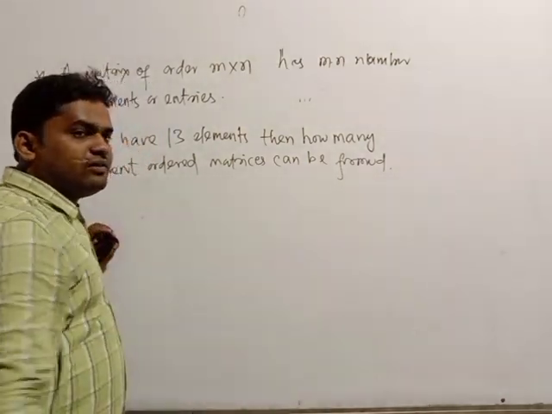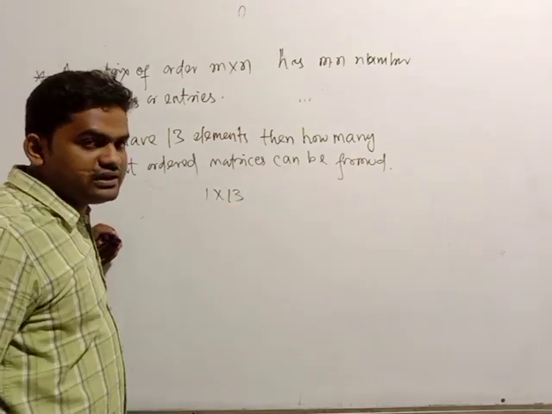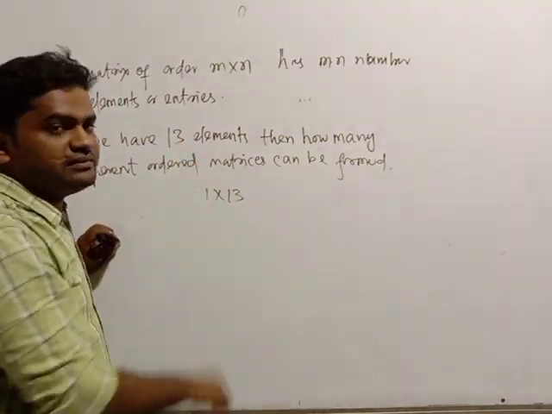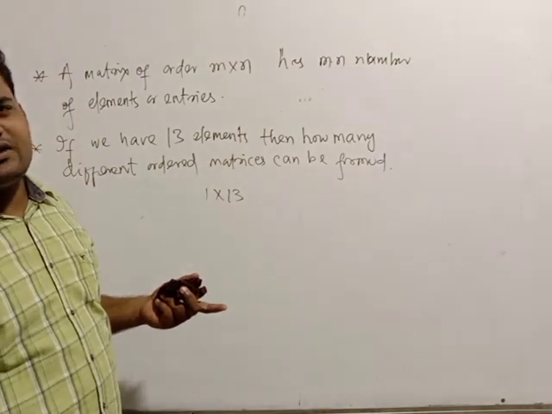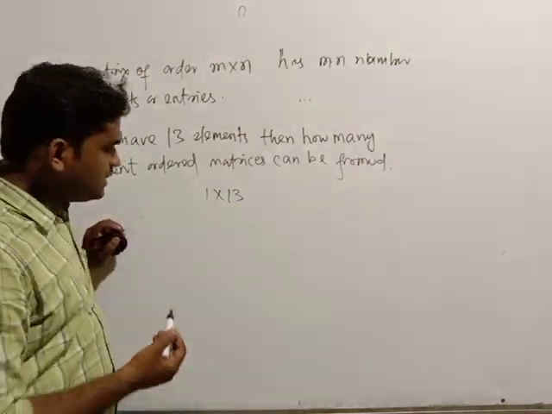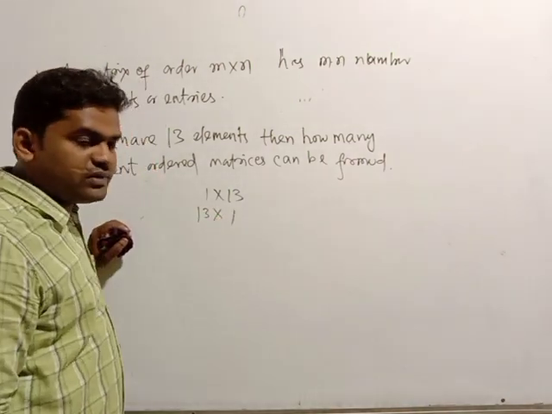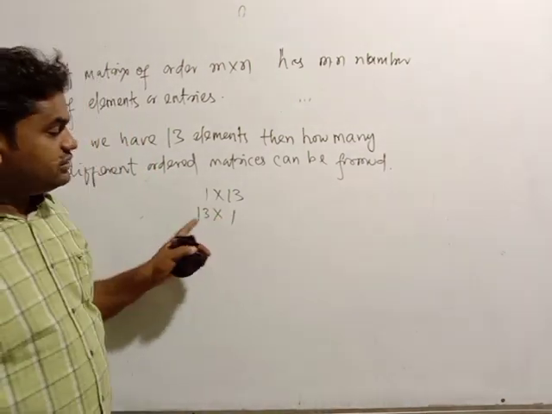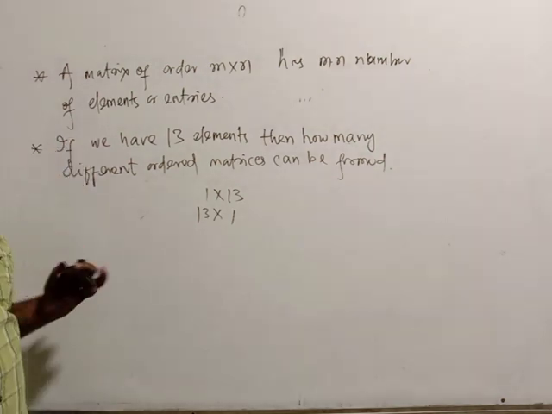So we can form a 1 by 13 order matrix by using 13 elements, yes or not? Because a 1 by 13 order matrix consists of only 13 elements. Similarly, we can also make a matrix of order 13 by 1 by using 13 elements.